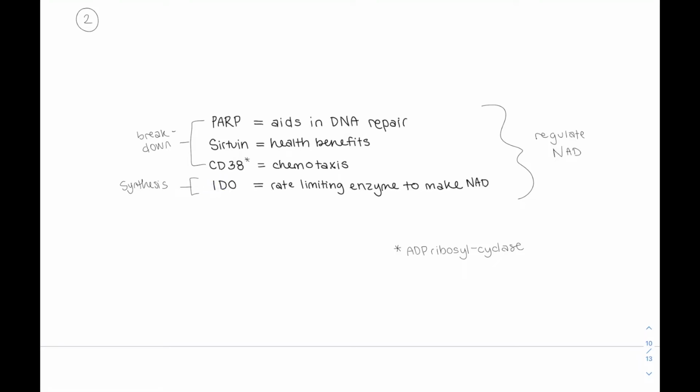It's a helpful enzyme, but if it's always turned on, then our tryptophan is always being used for this pathway specifically. So IDO can't always be turned on, otherwise tryptophan wouldn't be able to go to all the other parts of the body and be used there. So we do not need this all the time.